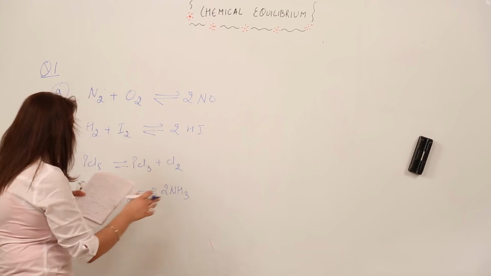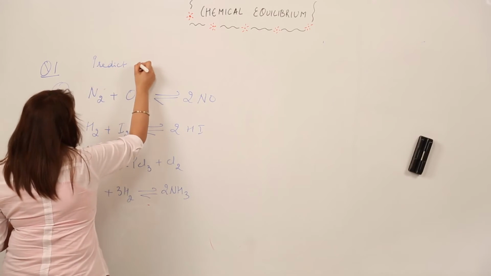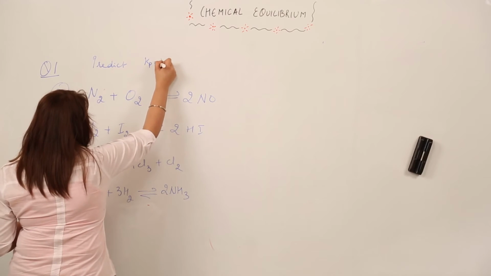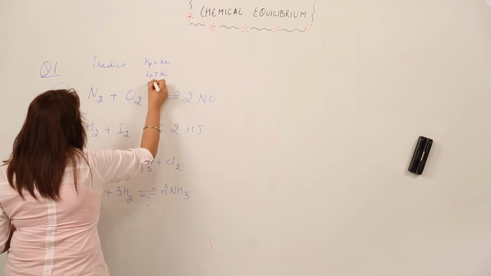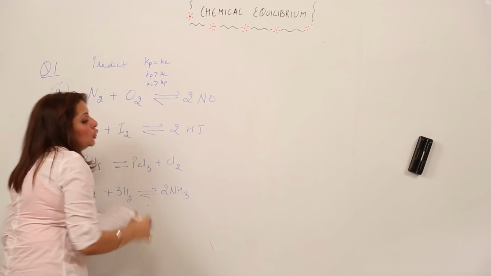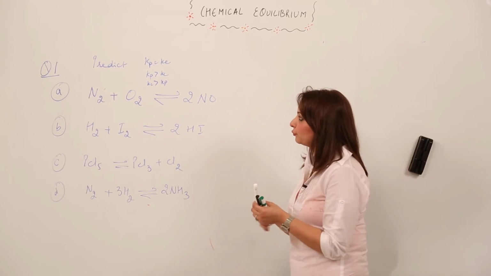Now what you have to do in these reactions is predict whether Kp is equal to Kc, or Kp is greater than Kc, or Kc is greater than Kp. So we just have to prove them, right?